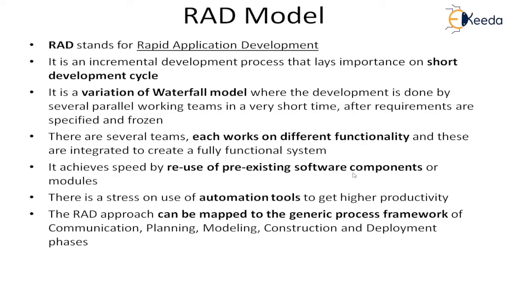On one hand, we are using pre-existing software components so that we don't have to develop everything, and pre-existing software components are already tested by the person or the vendor who is providing them.